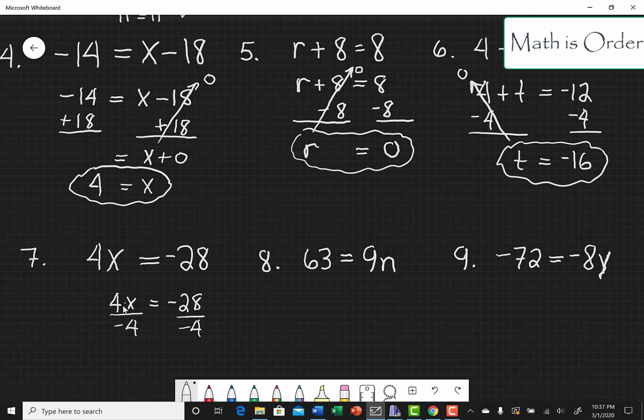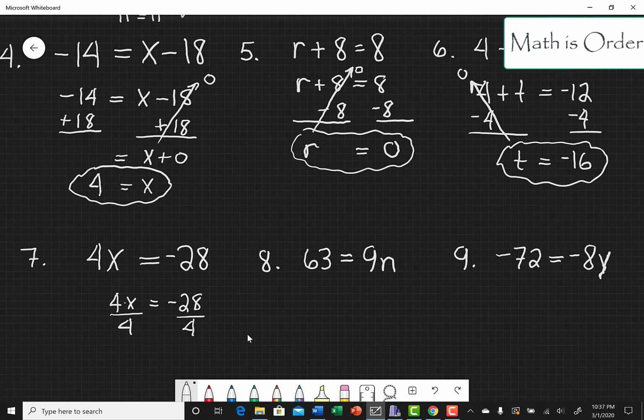The opposite of multiplication is division. So you just need to divide and keep the same sign as the number that's next to the variable. So it's not that you're dividing by the negative 4, you're dividing by 4. The opposite of multiplication is division.